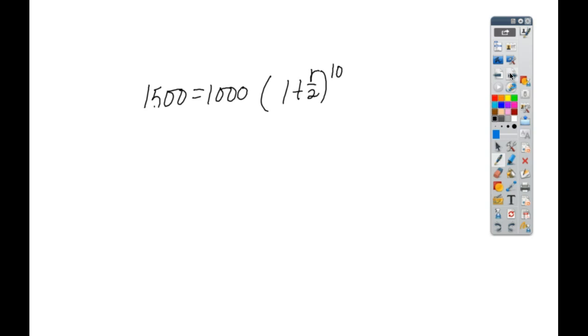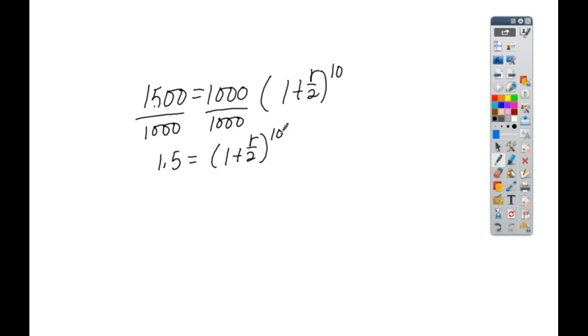So I'm going to start by dividing both sides by 1,000. So now, Javon, I want to get rid of the 10.